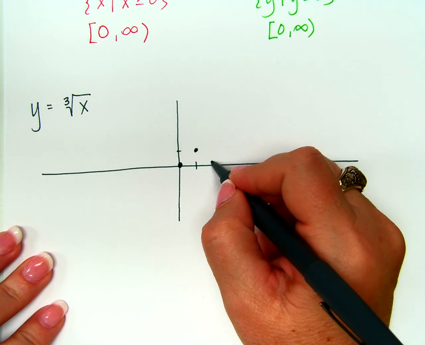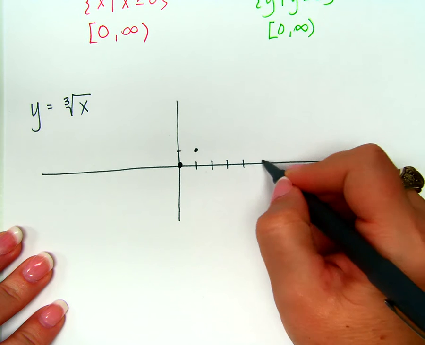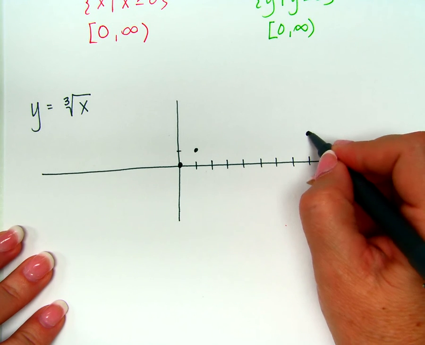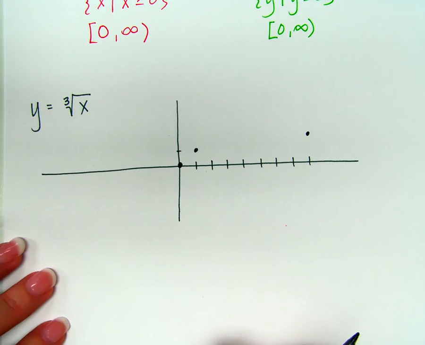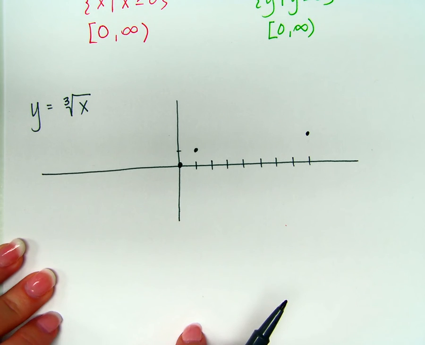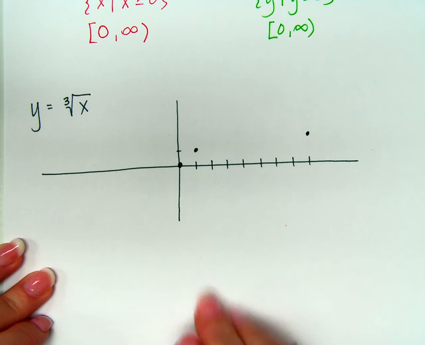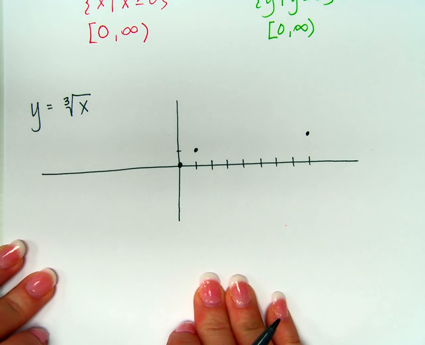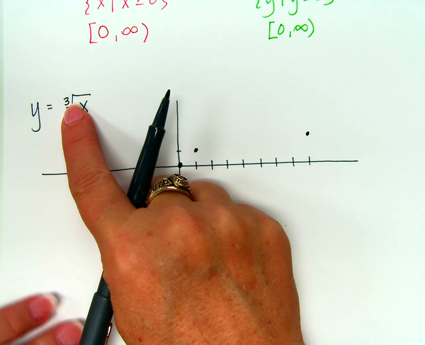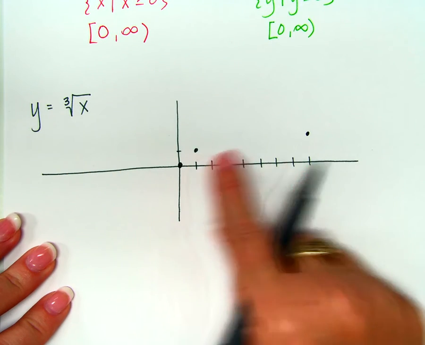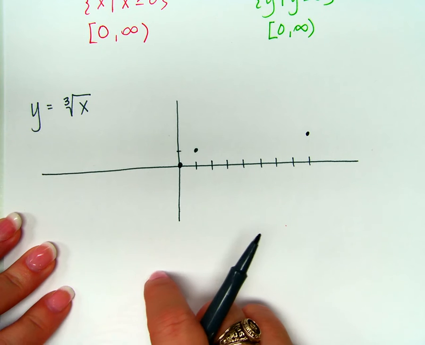Why did I choose 8? It's something I knew the cube root of, right? So it looks like that. Does anyone want to argue with her? The 3 is cube root, remember? What times what times what equals that number? So that's why I chose a 1 and an 8, because I know the cube root of those two numbers.